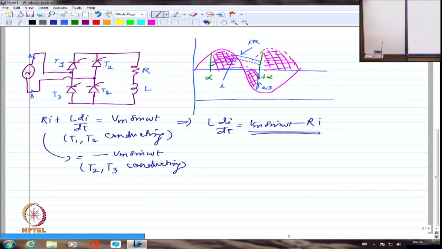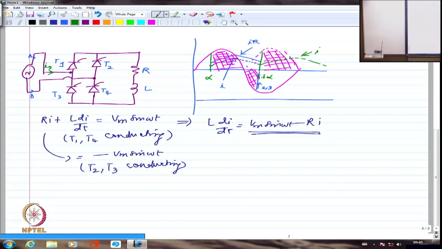So the current, you can see, is oscillating between some peak value and some minimum value. So it is going to repeat itself again. So this is going to be the current waveform. So if I try to look at what is the current waveform that I see from here, which is the supply side current.